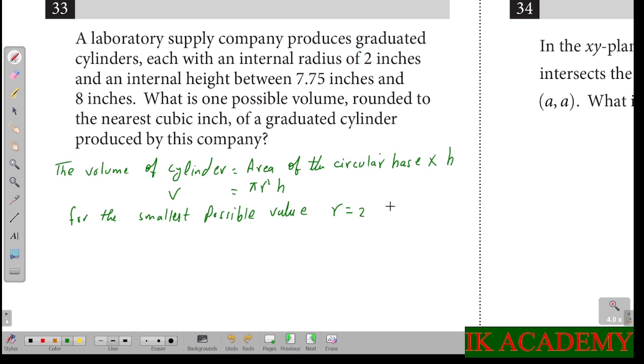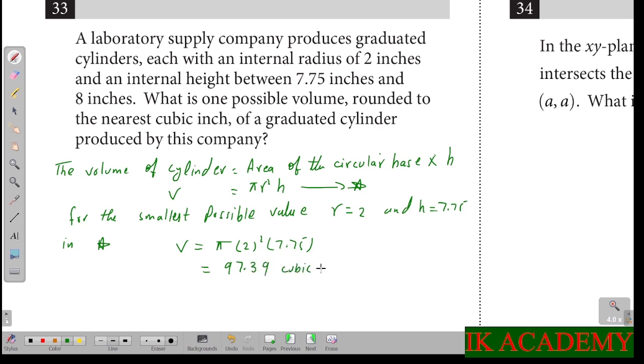So we will take h is equal to 7.75. So V is equal to pi, r is equal to 2 square, and h is equal to 7.75. If we solve this, we get 97.39 cubic inches.